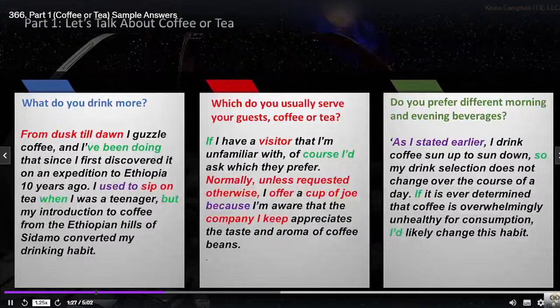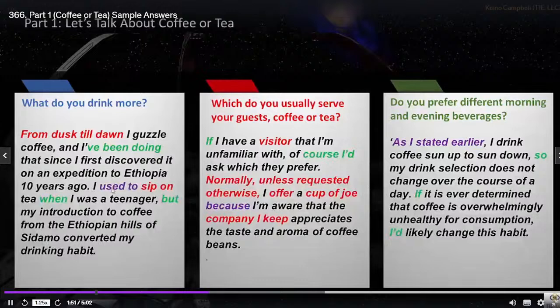Right? Here we have some really good language, from dusk till dawn. That means from morning until night. We have a present perfect continuous tense, I've been doing that, since we're using since to add more fluency and extend our answer.